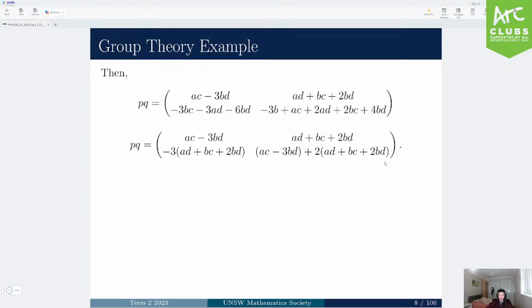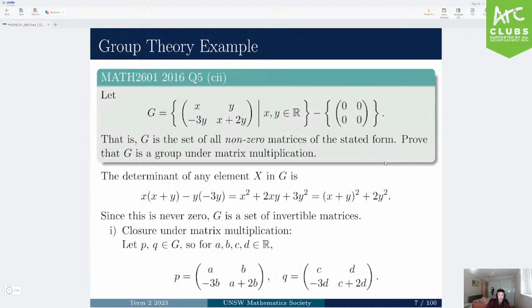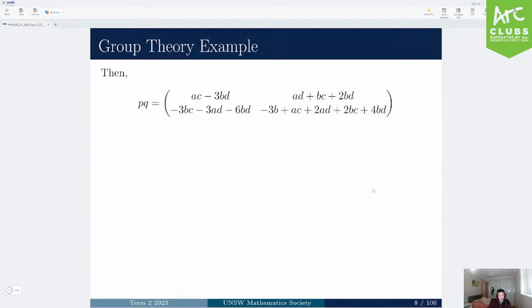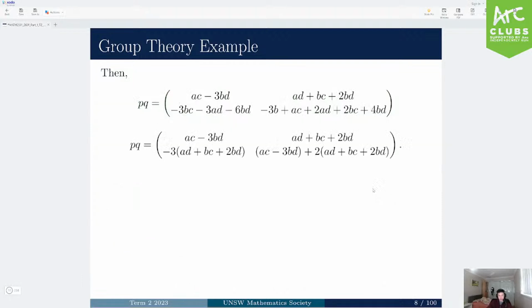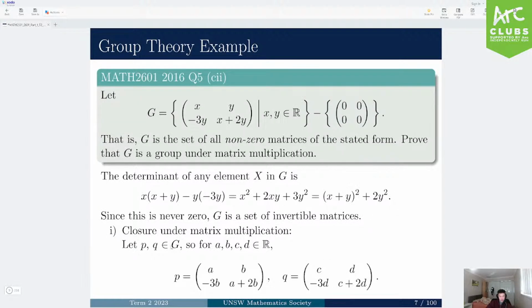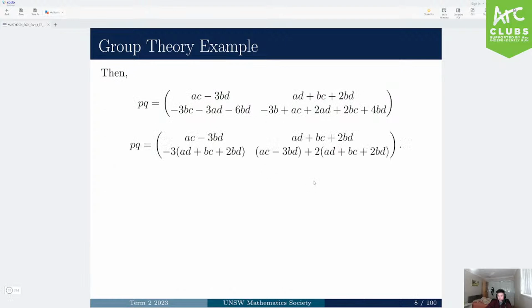Okay. And one thing that we have to check is that this here is non-zero, right? Because our G excluded the 0 matrix. But we can easily check this by just looking at the determinant of the two matrices. Because we know that the determinant of any element inside G is non-zero, then the determinant of the product PQ is also going to be non-zero, right?